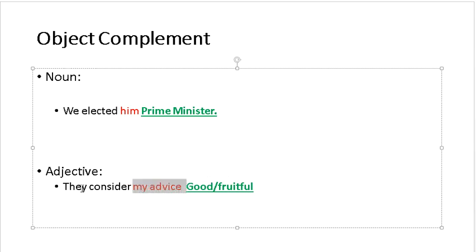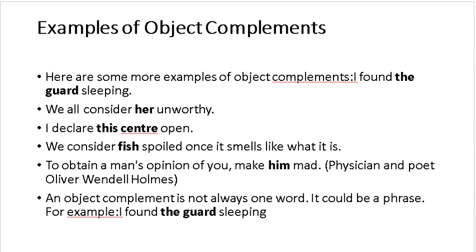They were not considered good. So here good or fruitful is not talking about them. This is talking about my advice, which is a direct object, and good is complementing the direct object, so that's why good is an object complement. So fine, let's have a look at a few more examples of object complement.